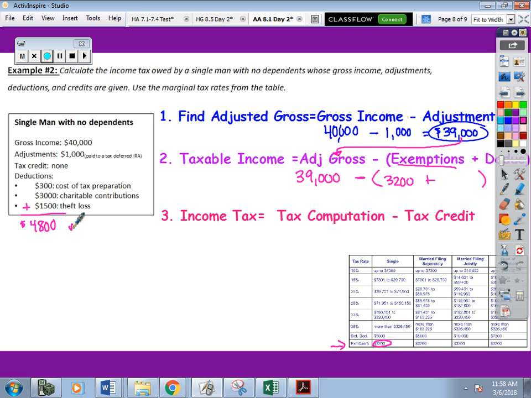So $4,800 versus $5,000. Oh, wait, yes, $5,000 is better. You want the deduction to be bigger because you're going to subtract it. So you want the bigger of the two numbers. You add up all your itemized, you pick the bigger of the two. So this time I'm actually picking the standard deduction that comes from my chart. And then we'll add those numbers and subtract them, and we will get $30,800.